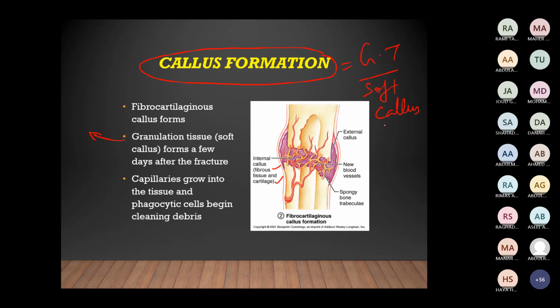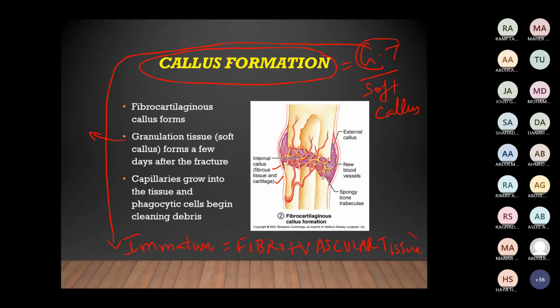Please don't forget. And what is granulation tissue? I told you in my terminology today: immature fibro plus vascular tissue. It is very, very soft, and it helps in the healing both in the skin, soft tissue as well as the bone. So this is actually the callus formation.